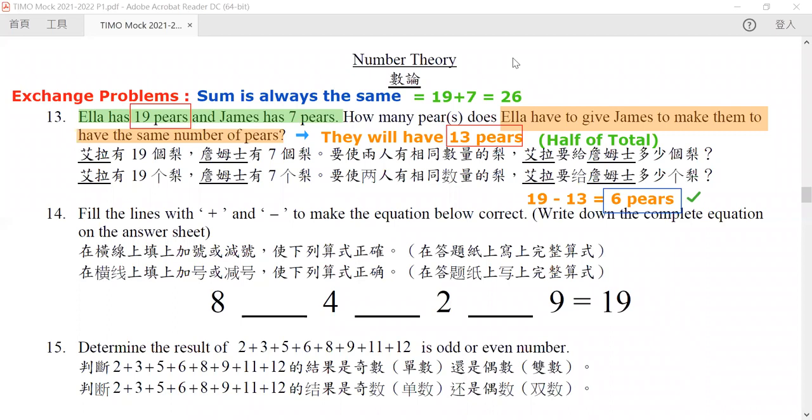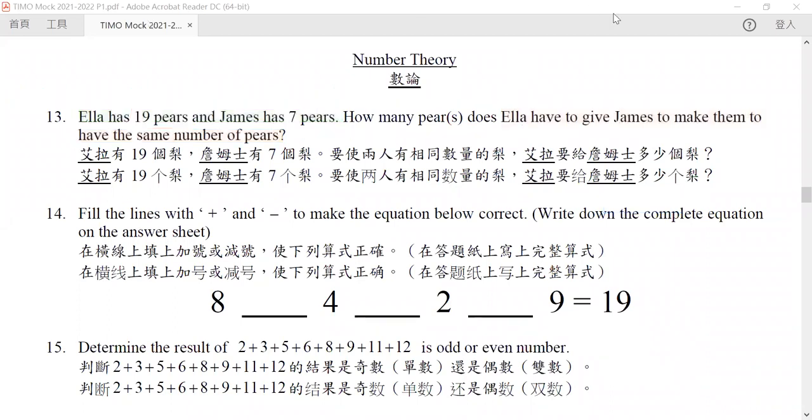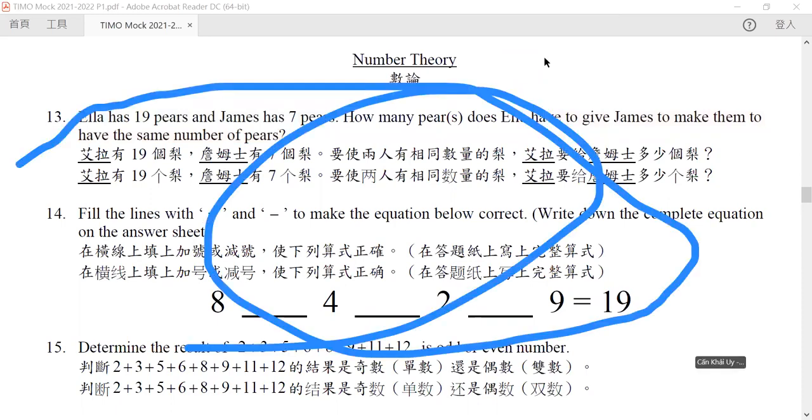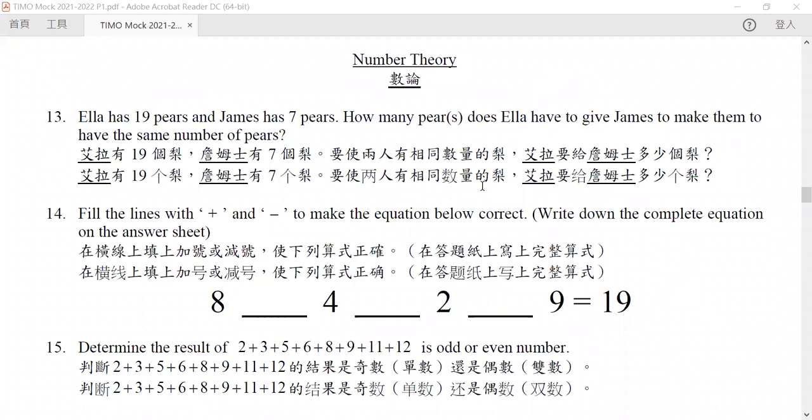Question number 14. Fill the lines with plus and minus to make the equation below correct. We know that 8, 4, 2, and 9 need to add up to 19.